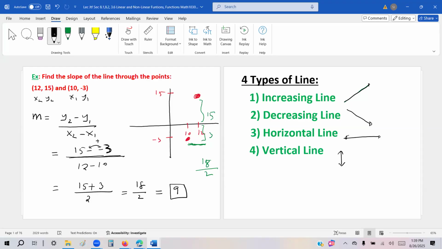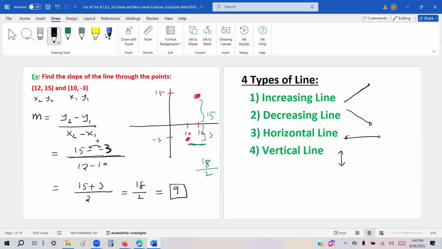So in order to have a slope, there is one requirement. See here, we started our journey from this point and we walk to the right side, right? So you start from left and you have to go to the right. But for a vertical line, can you start from your left and go to your right?